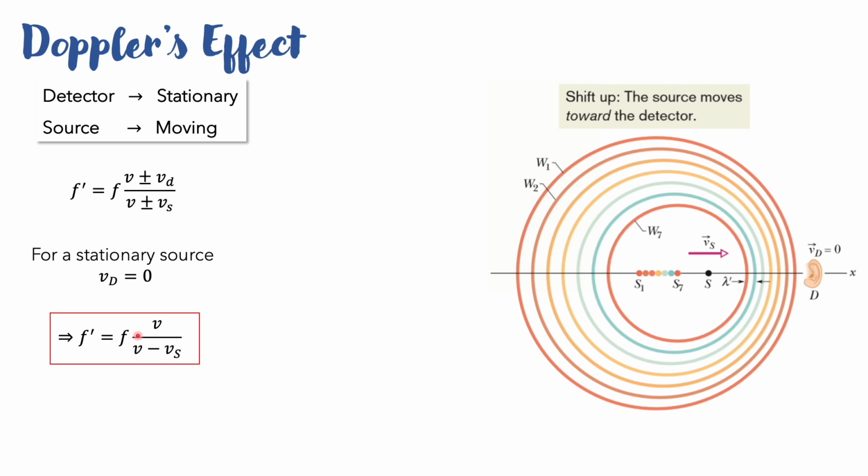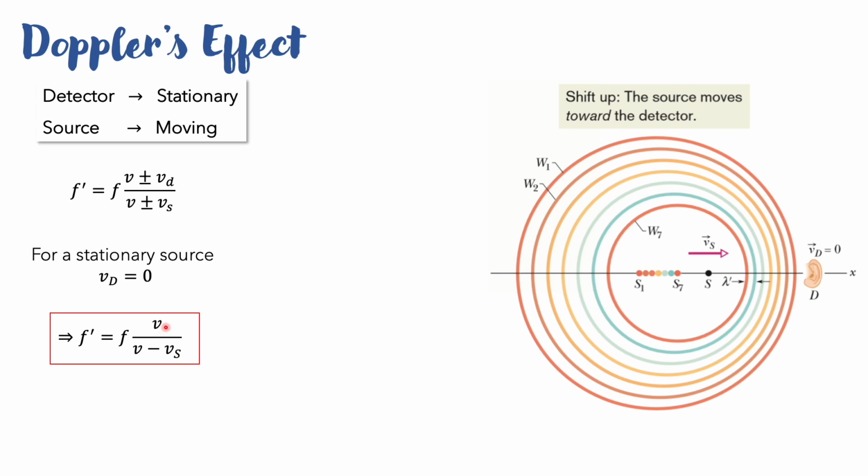Since we have the source and the speed of sound in the denominator here, if we use a plus sign, it will decrease the overall ratio, right? But we know that when they are moving close to each other, there should be an increase, right? So we have to use a negative sign because there is an upshift.